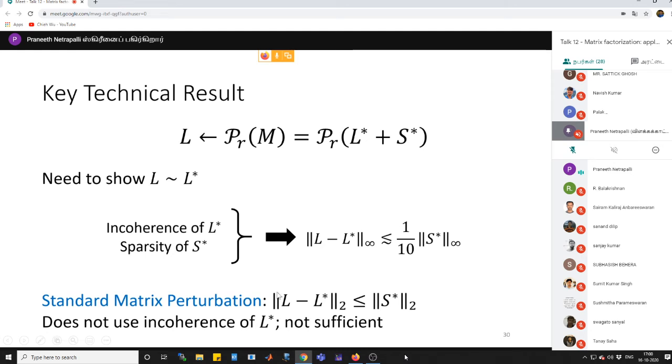However, this inequality in general is known to be tight, and the main reason we can get something stronger is by using the incoherence of L star and also the sparsity of S star. Okay.